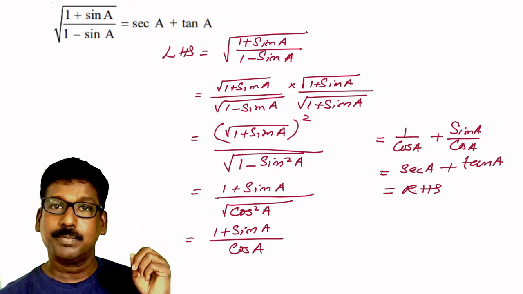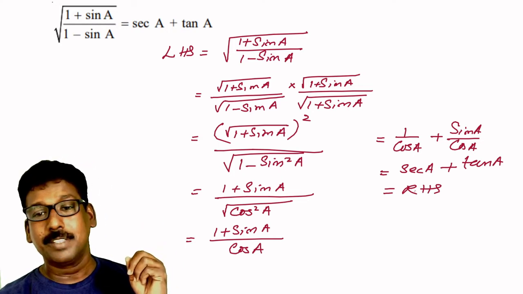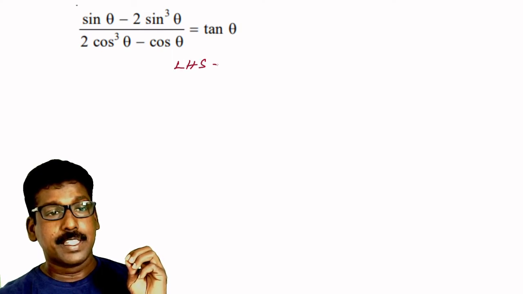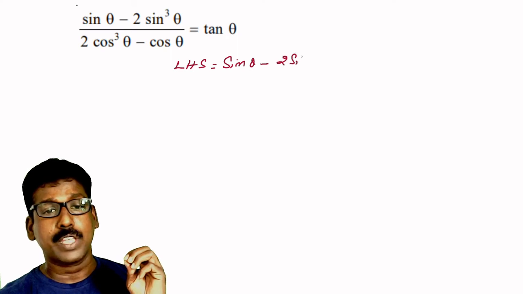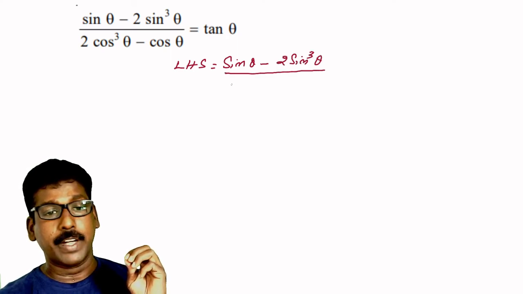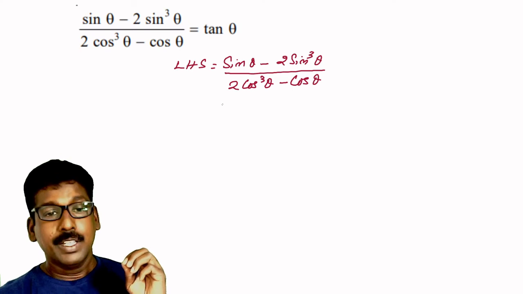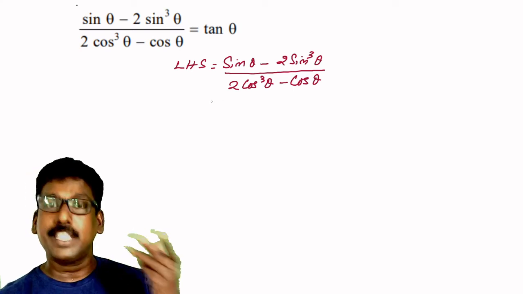Hence proved. Now look at another question. Here LHS is sin theta minus 2 sin cube theta, whole divided by 2 cos cube theta minus cos theta. In the numerator, sin theta you can take as common.